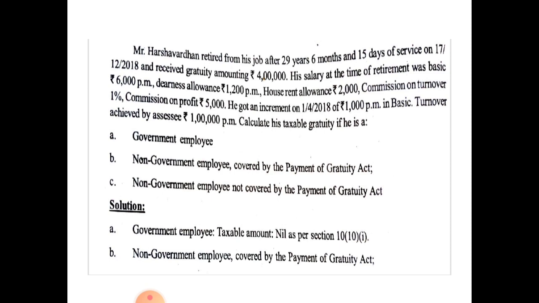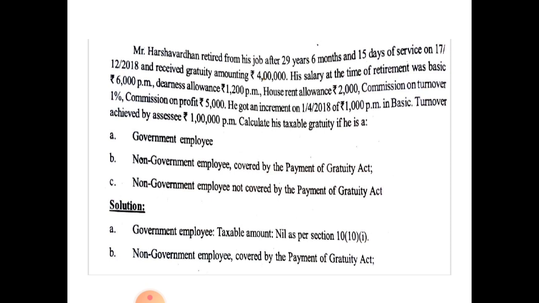Mr. Harshavardhan retired from his job after 29 years, 6 months and 15 days of service on 17th December 2019 and received gratuity amounting rupees 4 lakhs. His salary at the time of retirement was basic 6,000 per month, DA, that is dearness allowance, 1,200 per month, house rent allowance 2,000, commission on turnover 1% and commission on profit 5,000.